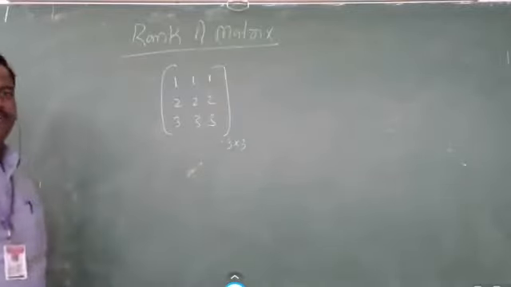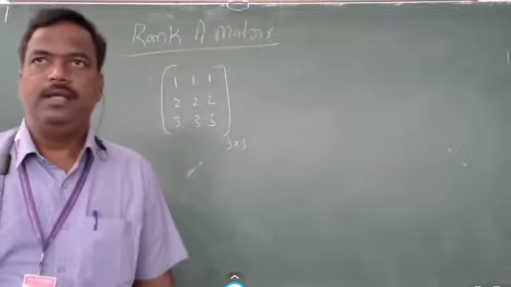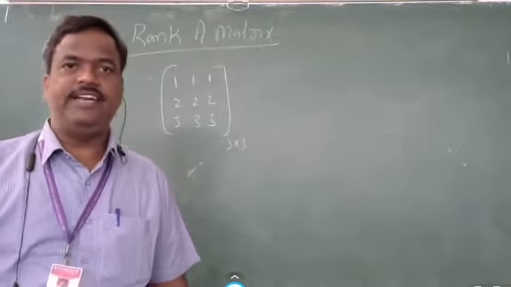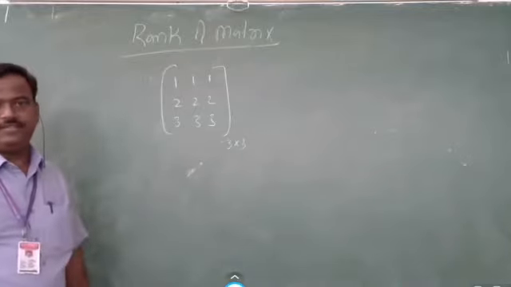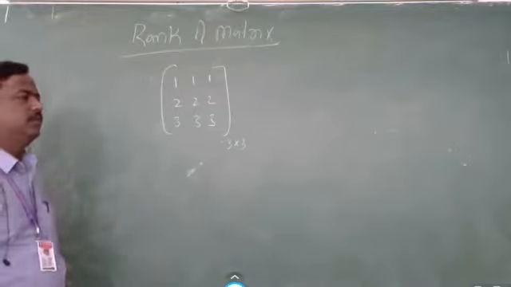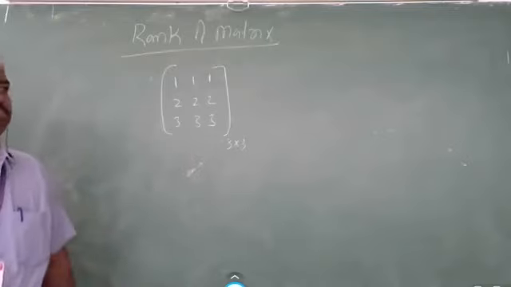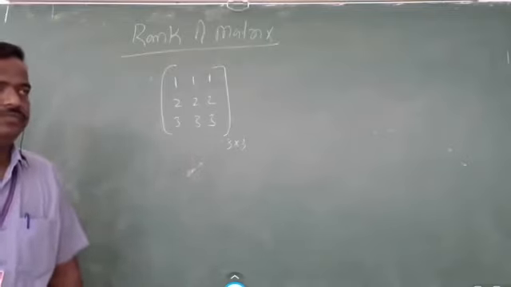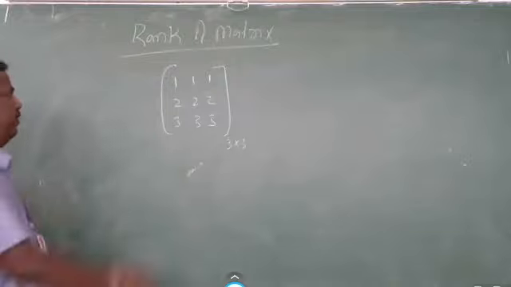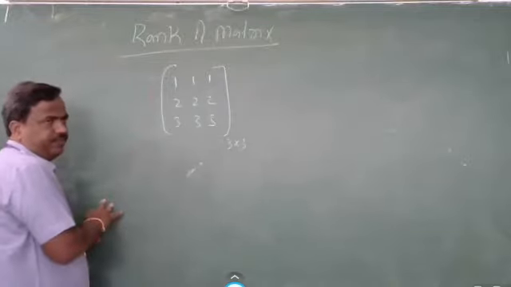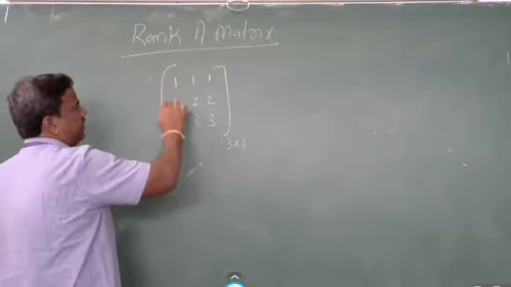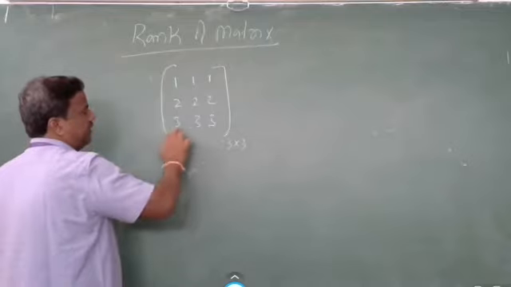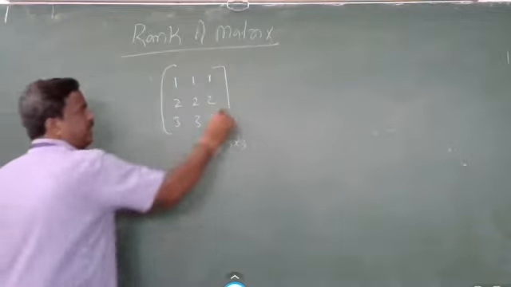According to the properties of determinants, if any rows are identical in the given matrix, the determinant value is 0. Is it correct or not? Here these three are identical rows, because the first row multiplied by 2 gives the second, and multiplied by 3 gives the third.